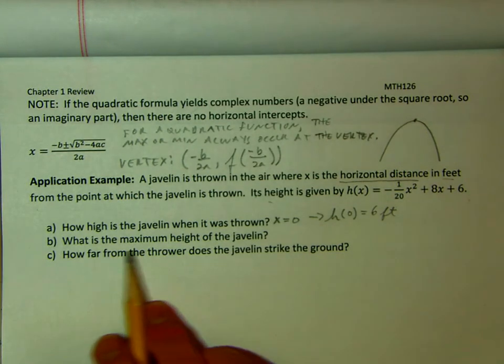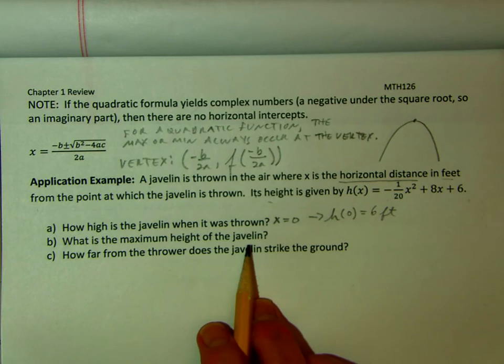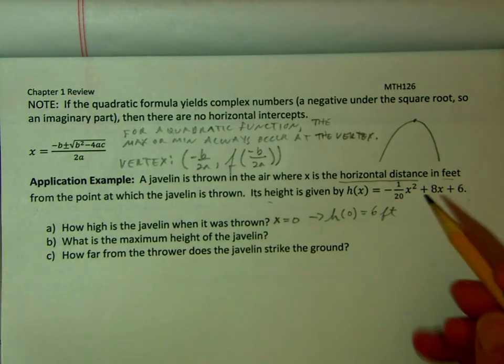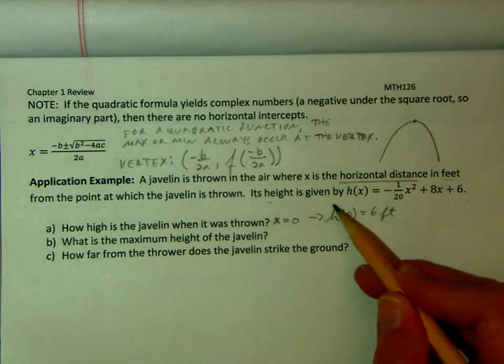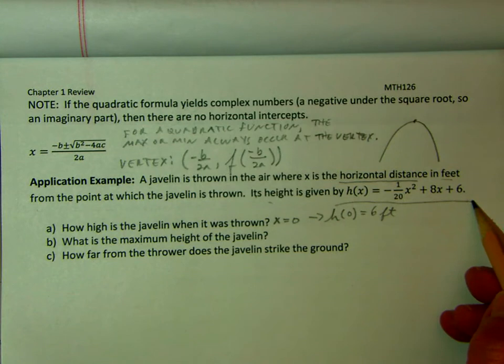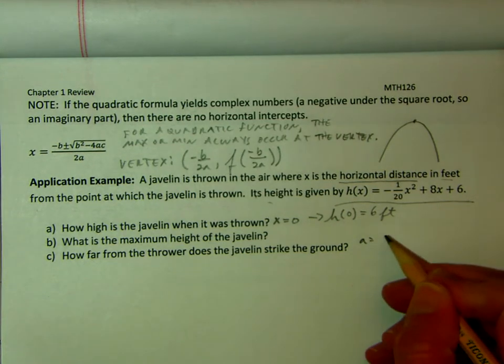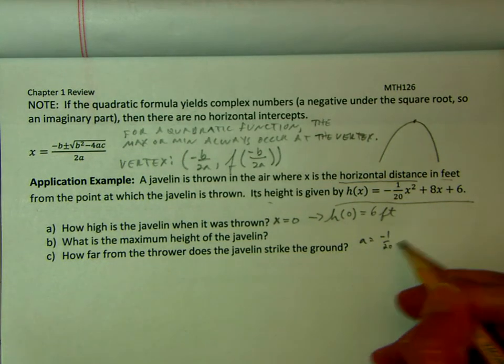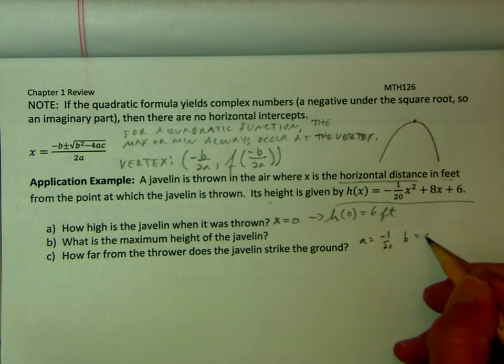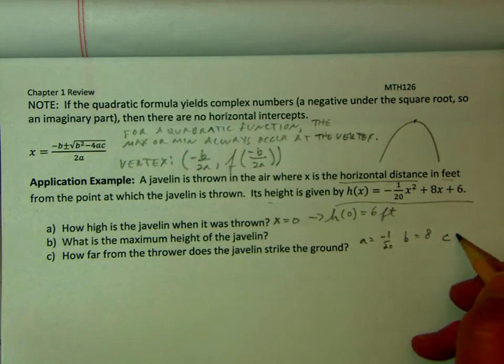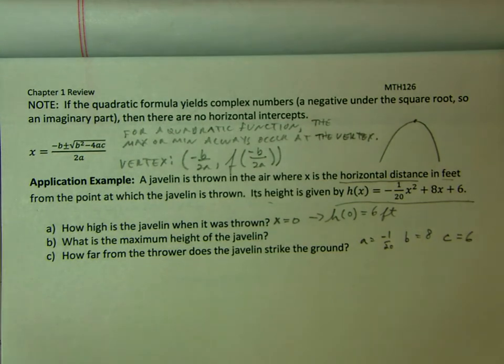So what is the maximum height of the javelin? Let's find the vertex. So when we look here, we're in standard form. Our a is negative 1/20, our b is 8, and our c is 6.